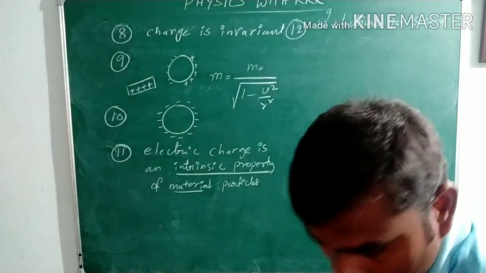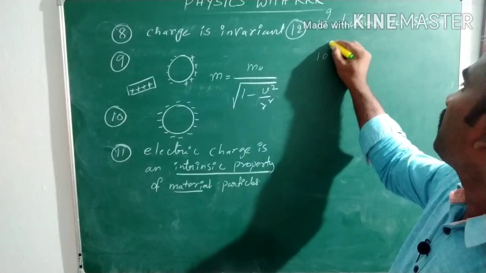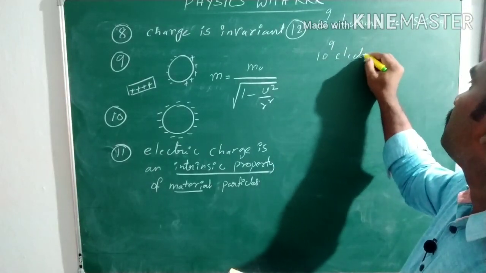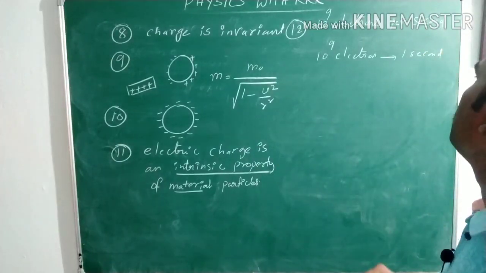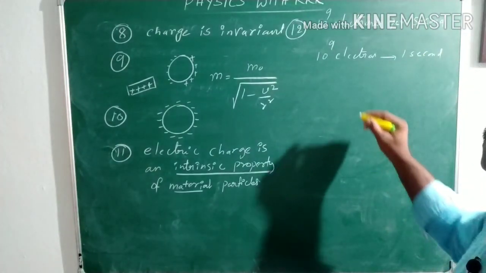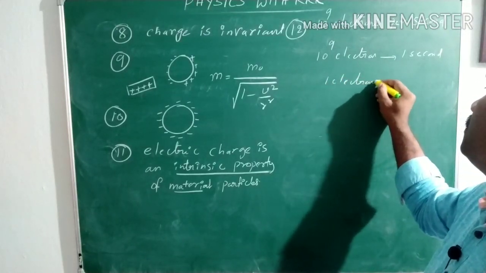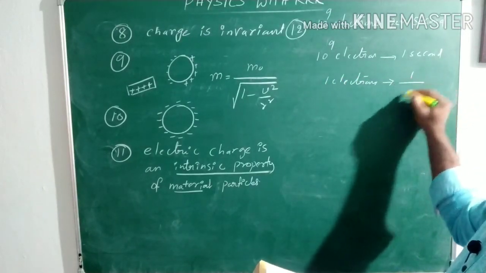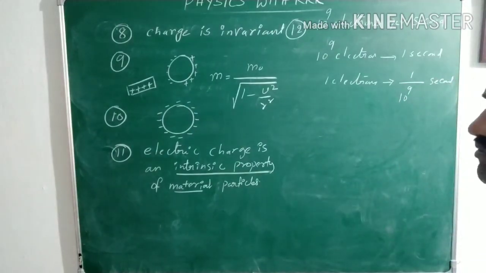We can take it like this: 10 to the power of 9 electrons in 1 second, so 1 electron will take a time of 1 by 10 to the power of 9 seconds.